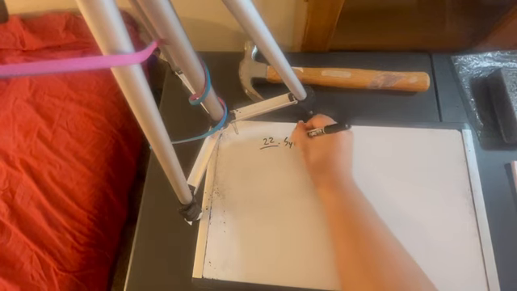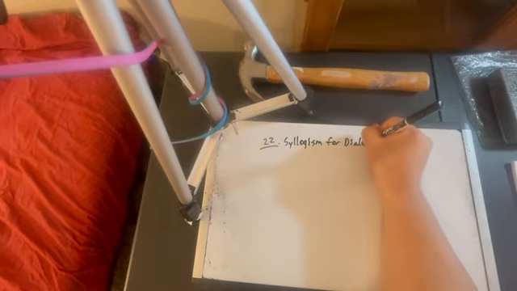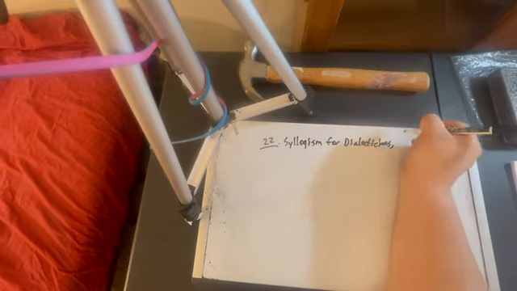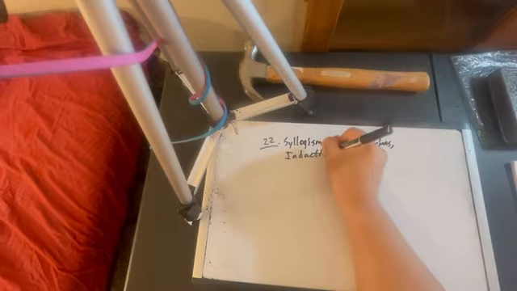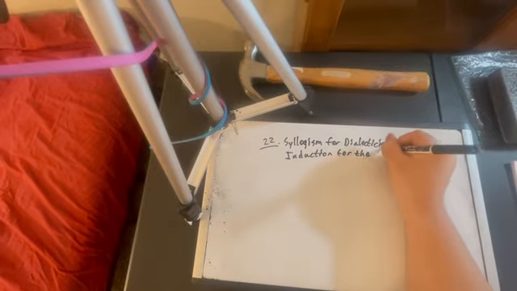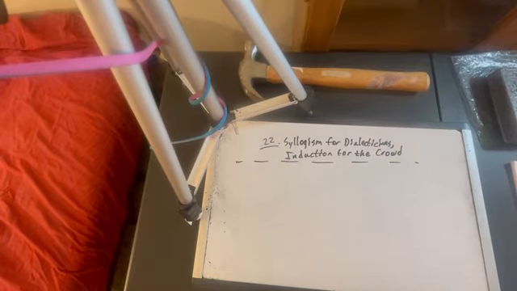Anyhow, this next point: syllogism for dialecticians, induction for the crowd. Syllogism should be used especially against dialecticians. Induction is mostly useful against the crowd.